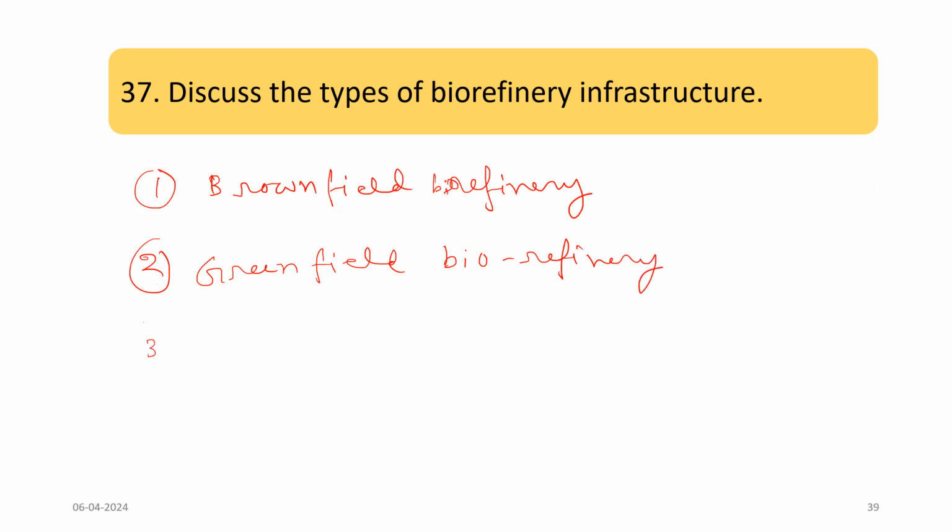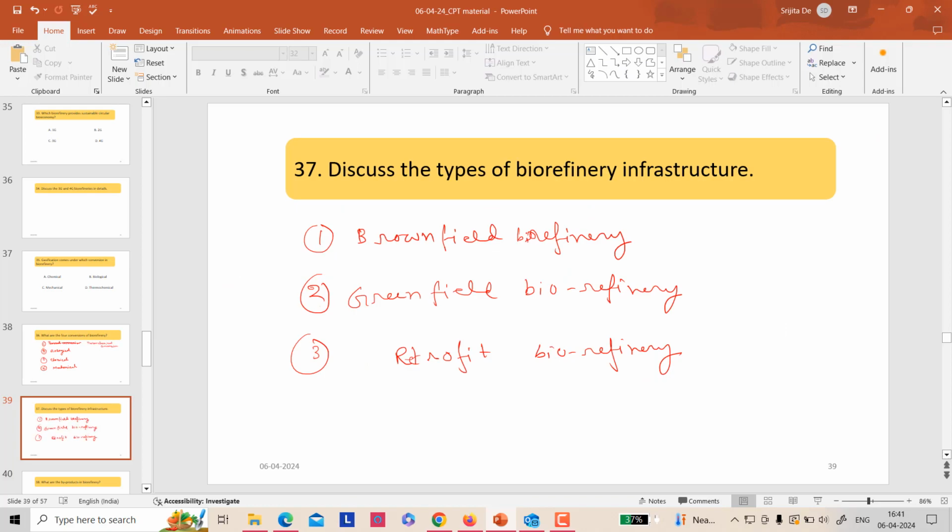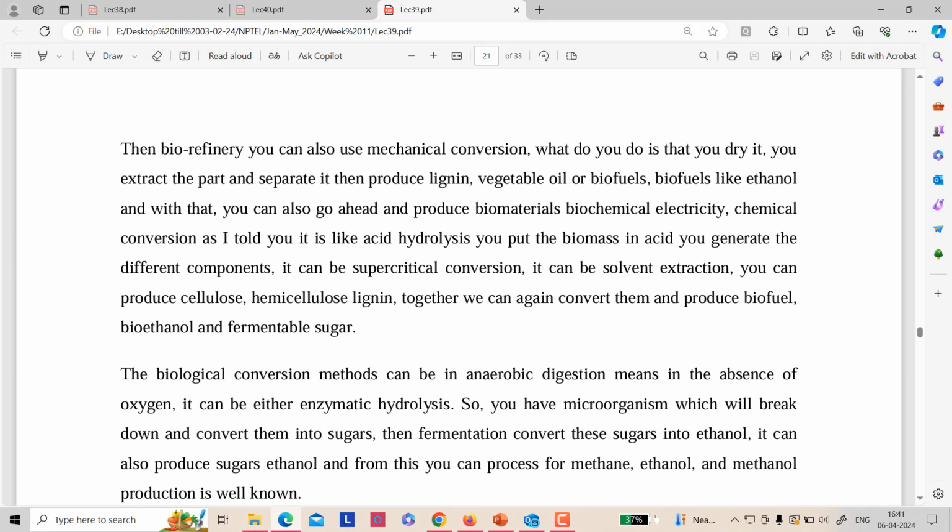And the third one is the retrofit biorefinery. Okay, so if in exam this type of question asks, you have to write the whole thing. I am writing the main point and showing the details or points from the slide, but in the exam you have to write point wise.